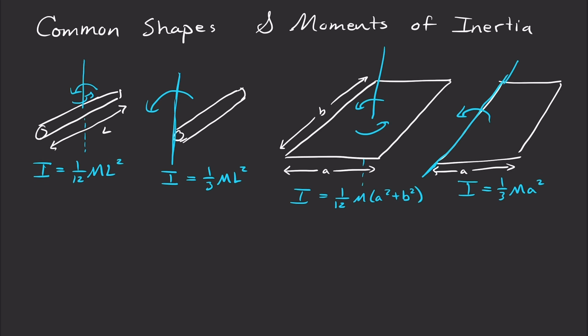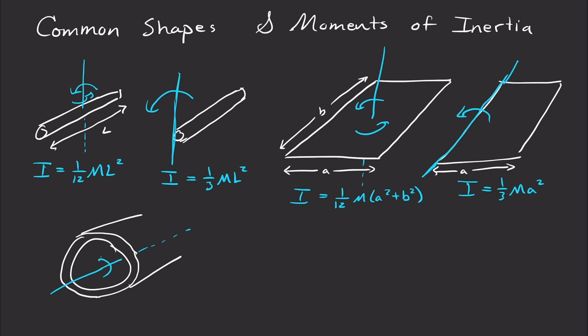There are 3 common ones that we use in problems quite often. So that is a cylindrical shell, sometimes called a hoop. If we were to spin it about this axis running through it, the moment of inertia would be m r squared.